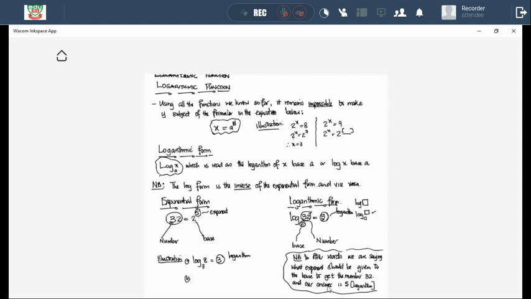Look at the next one, quickly: log 9 base 3. What exponent should I give to 3 in order to get my number as 9? The answer is 2, and that 2 is what we are now calling the logarithm. That's very, very basic. Hope you now appreciate what a logarithmic form looks like.